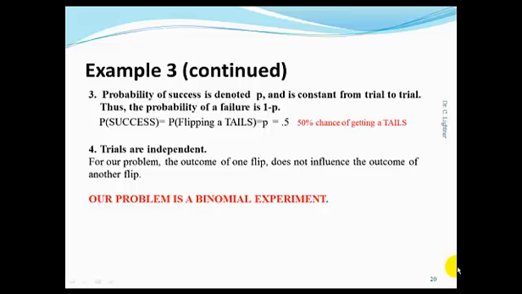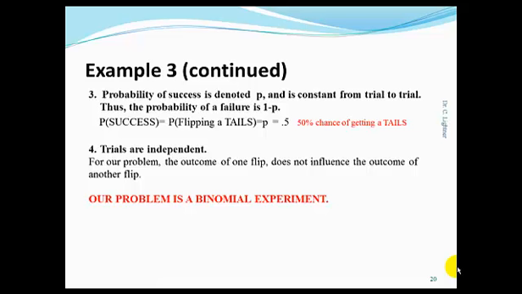In step 3, our p-value is the probability of a success. For this example, that's the probability of flipping a tail on any individual trial. This value is equal to 0.5, since there is a 50% chance of getting a tails on any individual flip.